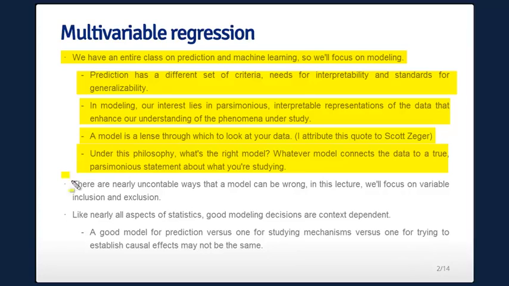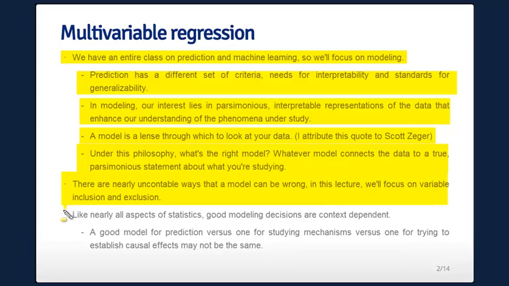So there are so many ways that a model can be wrong. You can have the sampling assumptions wrong. You can have the distributional assumptions wrong. You can have the linearity wrong. You can have which covariates are included or excluded wrong. There are a lot of ways. So we're just going to talk about, in this lecture, variable inclusion and exclusion.